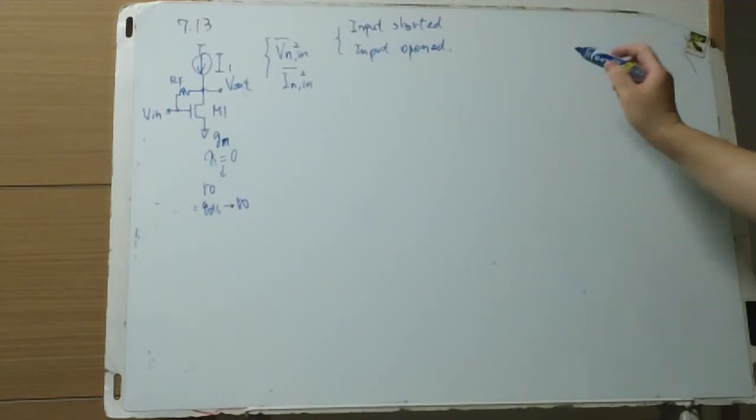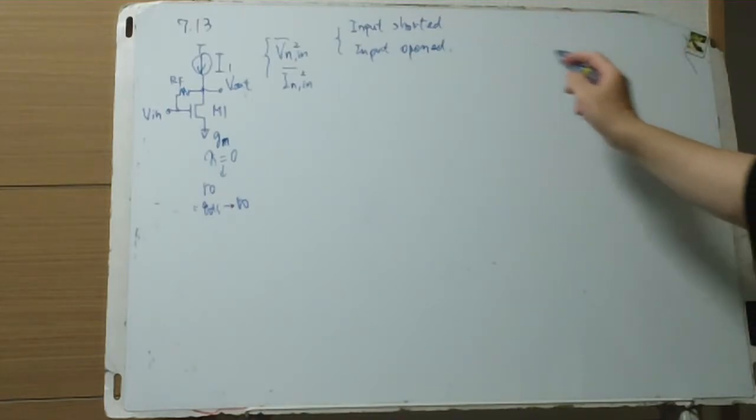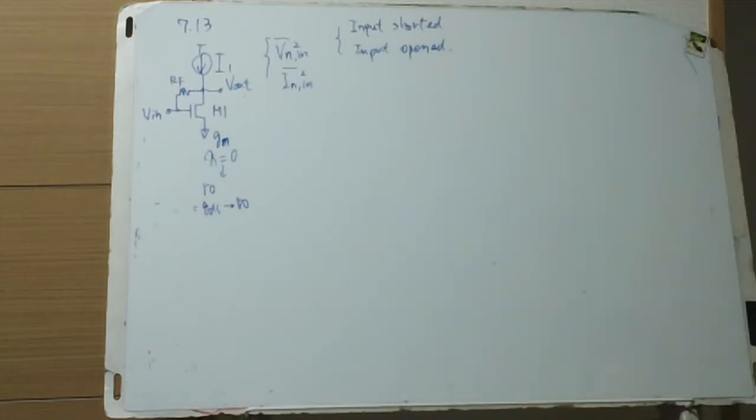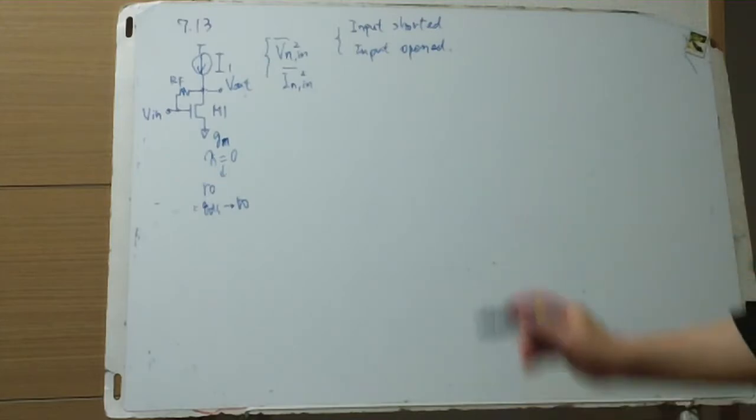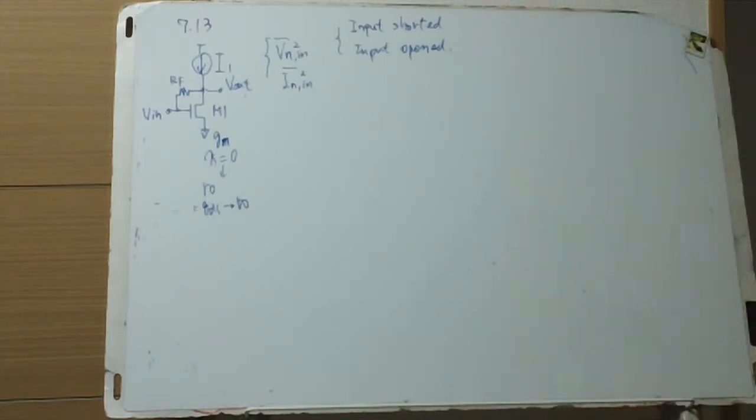V sub n2 out squared bar is given in this textbook, but other than that, you need to solve it a different way.